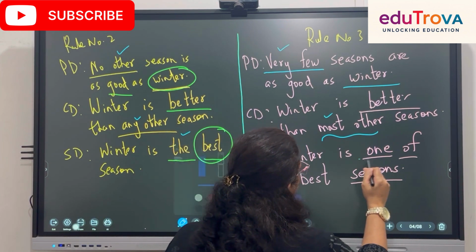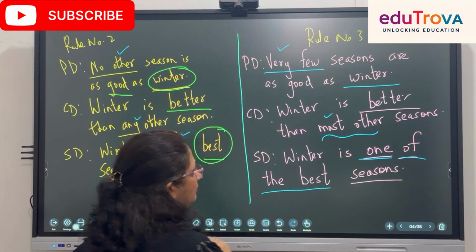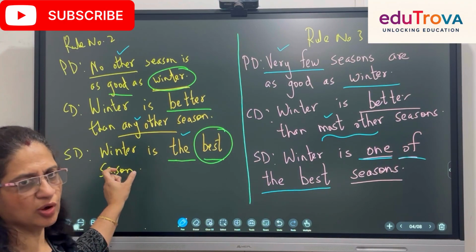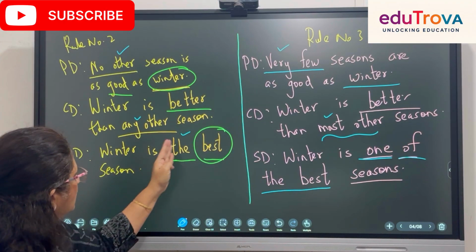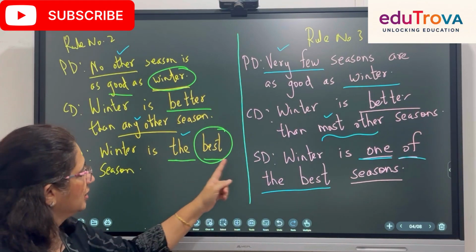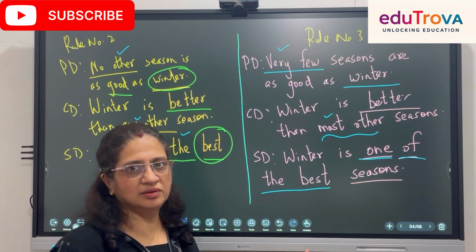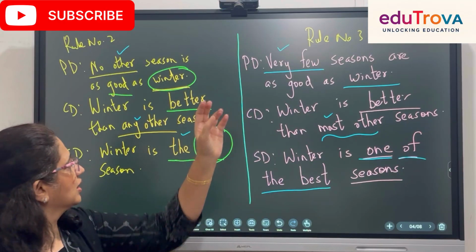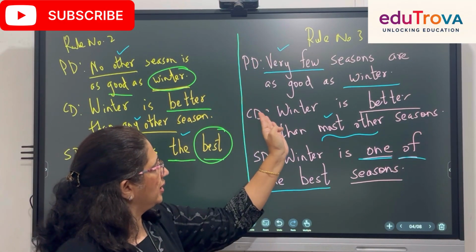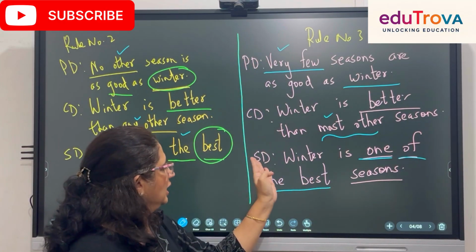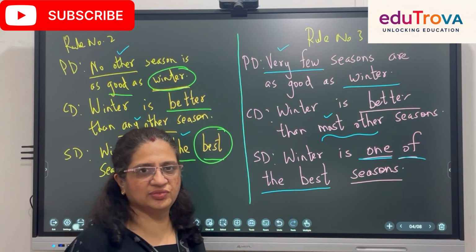So one of the. So here it is straightforward. In second rule, what is it? Winter is the best season. But here I will have winter is one of the. So just remember one thing. With very few, in comparative I will write most other. In superlative I will write one of the.